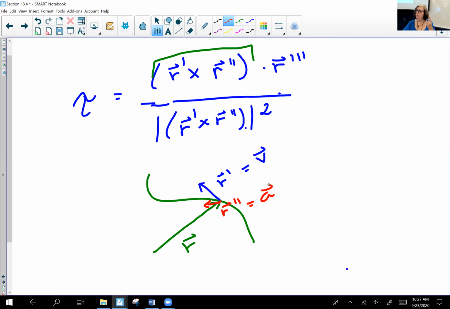The first derivative of the position vector is velocity, the second derivative is acceleration, and the third derivative is what's called jerk. Torsion is a twisting motion. How much can you twist something before it breaks?